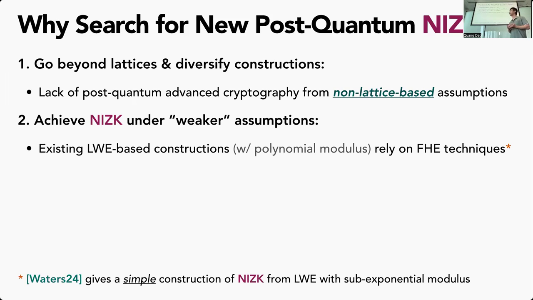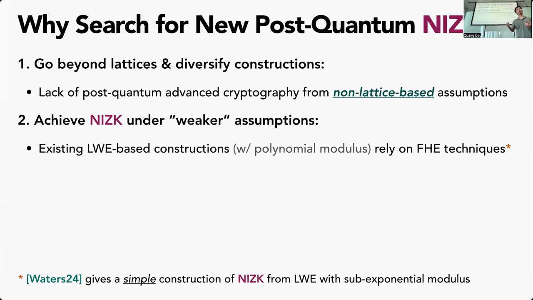And secondly, I want to understand the complexity of this NIZK primitive. How simple can constructions of NIZK be? The existing constructions based on learning with errors rely on some very heavy techniques that also give rise to fully homomorphic encryption.